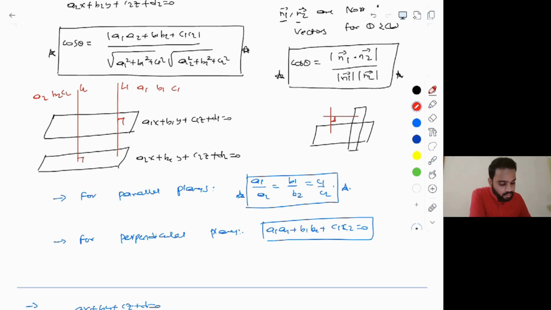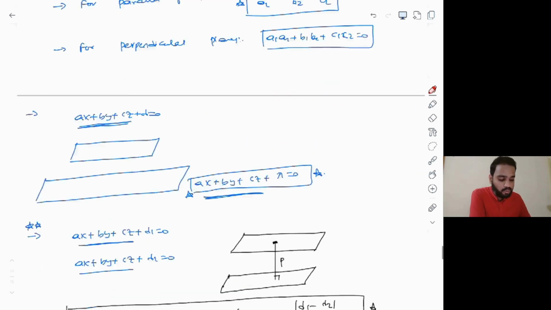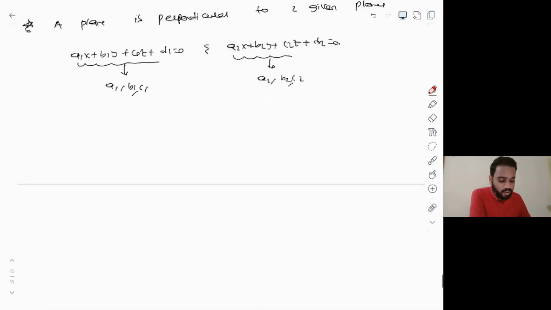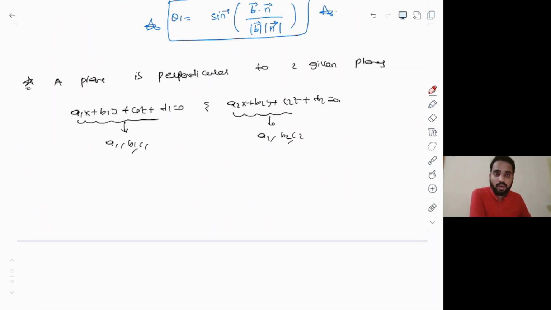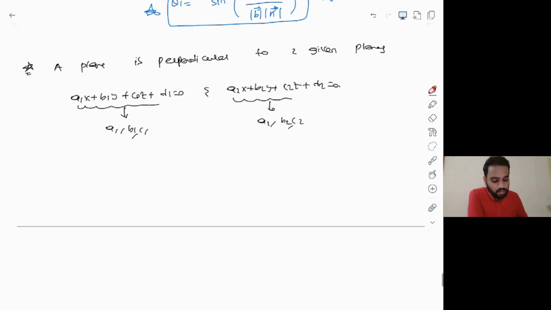And what's the main observation? Whenever there are two planes which are perpendicular to each other, then their normals also will be perpendicular. So that is the reason, if there is a plane perpendicular to two given planes, obviously the normal to the required plane will be perpendicular to the first normal as well as the second normal.